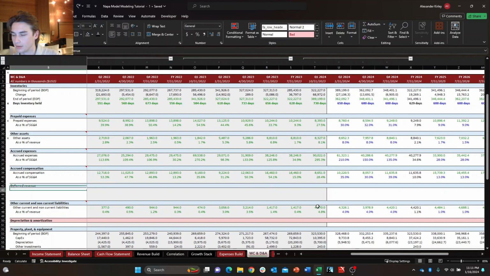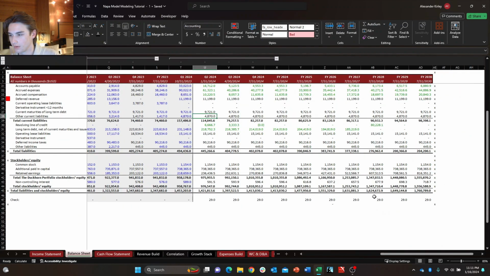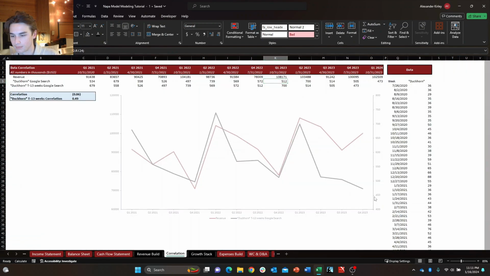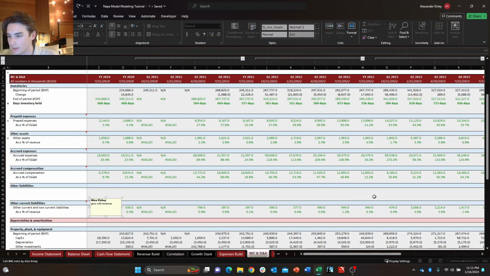So what we're going to do is other current liabilities, then other liabilities. Let's see what we denoted. We'll do the same here and go with revenue.